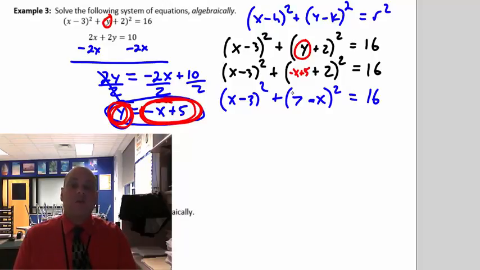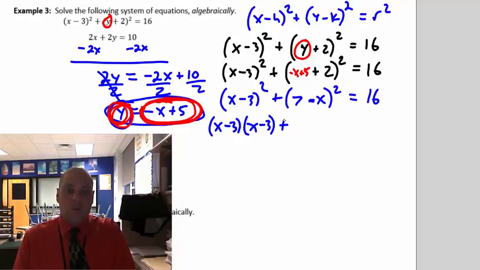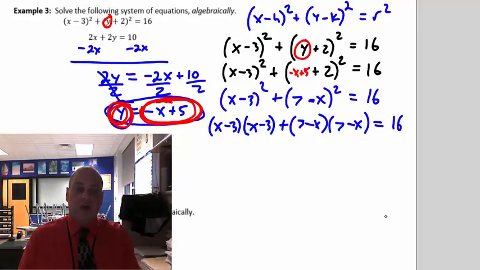Now, to solve this equation, you have binomials squared. You have x minus 3 squared. You have to do x minus 3 times x minus 3. Wow. I have to do 7 minus x times 7 minus x equals 16. I have a lot of algebra to do here, don't I?